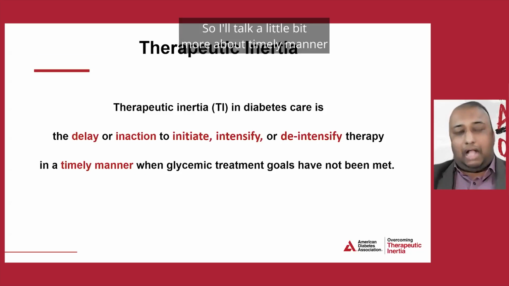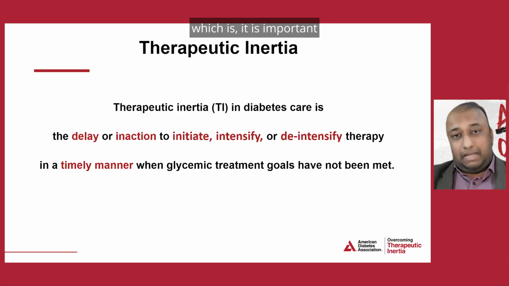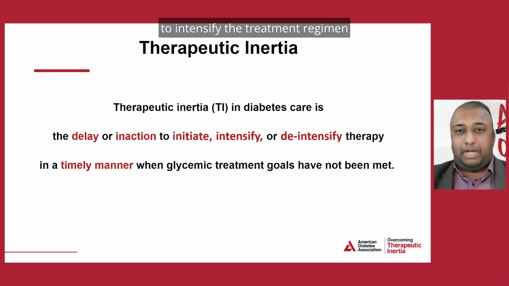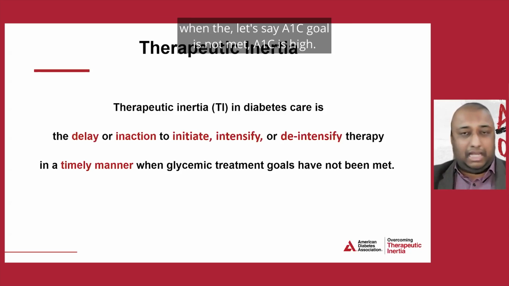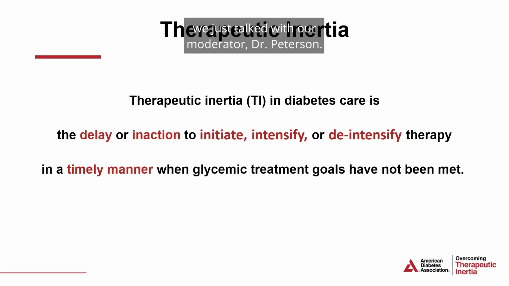So I'll talk a little bit more about timely manner in the next slide, but I just want to focus on a few points here in this slide, which is it is important to intensify the treatment regimen when, let's say, the A1C goal is not met, A1C is high. And it's also important to de-intensify when hypoglycemia presents. So, sorry, we just talked with our moderator, Dr. Peterson.